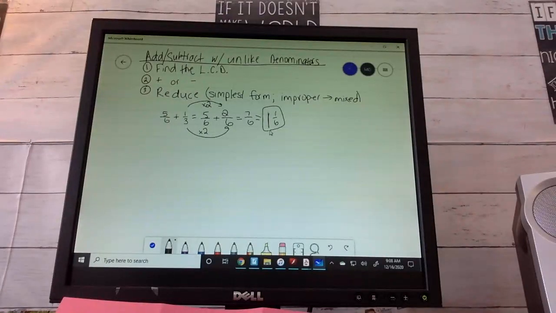Oh, I just rewrote it. I just rewrote the equation. I could have done this. I could have said, instead of going this way, I could have said, okay, well, I know 5/6 stays the same. Plus, how do we change 1/3 into 6?